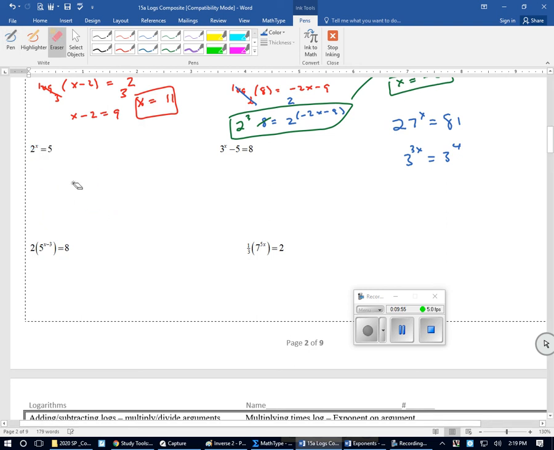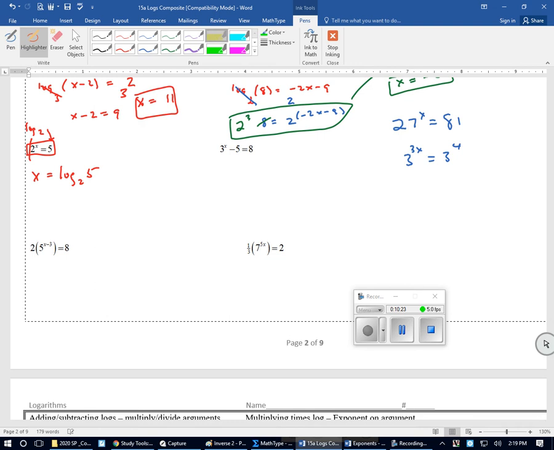I'm going to solve an exponential that doesn't have a common base by doing a log of that base. The log base 2 cancels, and on the right I have log base 2 of 5. I did a log base 2 on both sides, and over here it canceled, and I just had the x, and over here I had log base 2 of 5.